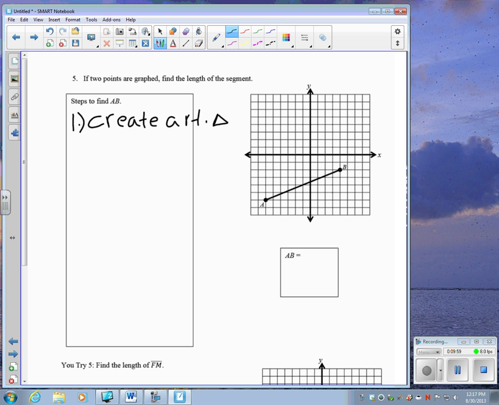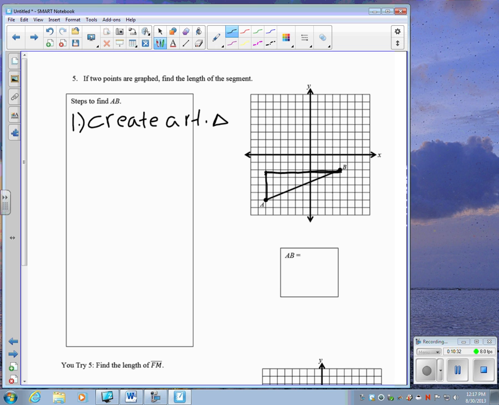What we want to do is from A, draw a vertical line straight up until you get to where B is going to be, and then connect that over to B. I apologize, mine is a little bit off, but we get the point. I draw a line straight up and then over. That creates my right triangle.